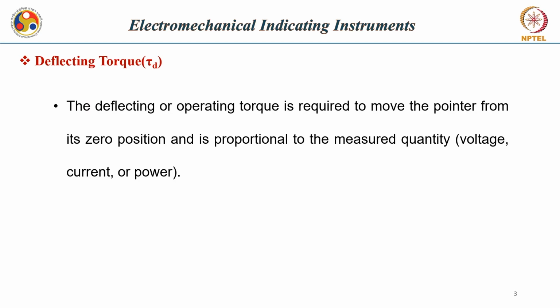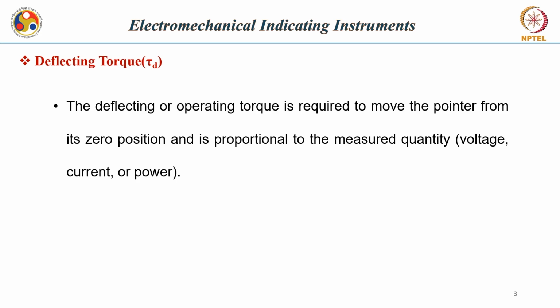The deflecting torque, sometimes also known as the operating torque, is required to move the pointer from its 0 position and is proportional to the measured quantity. The measured quantity can be any electrical parameter, maybe current or voltage or power or energy.